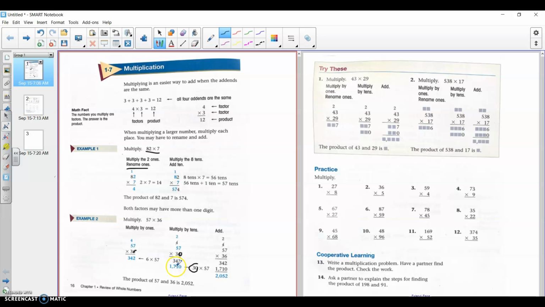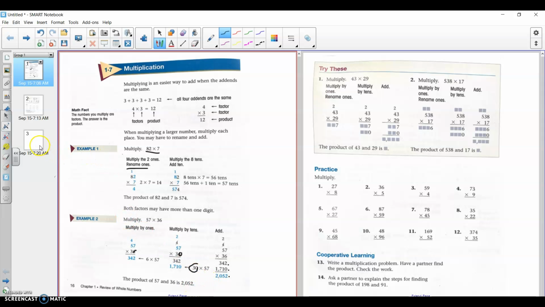You get 1710. Next step is to finally add those numbers up. So you're going to take 342 plus 1710, as long as your numbers lined up. Remember, you can line them up with decimals. Every number has a decimal, and you would make sure that you have everything in the ones, tens, hundreds, and so on. Your answer for this is 2052.